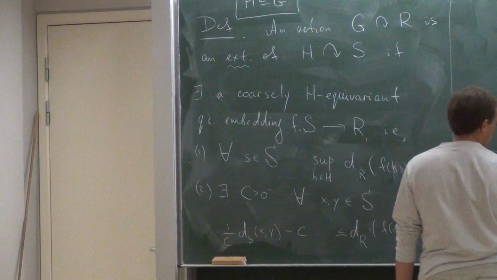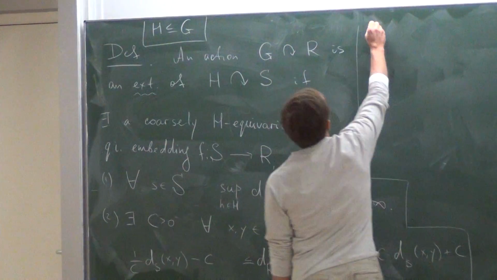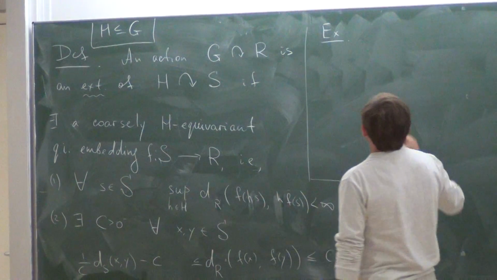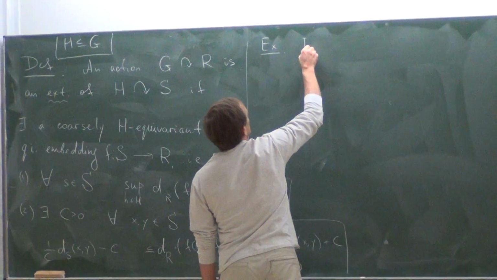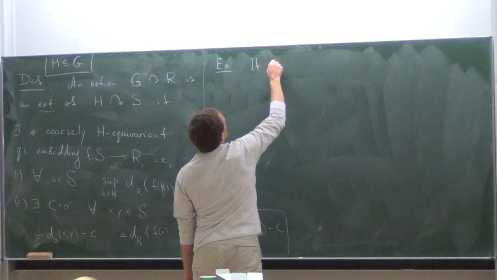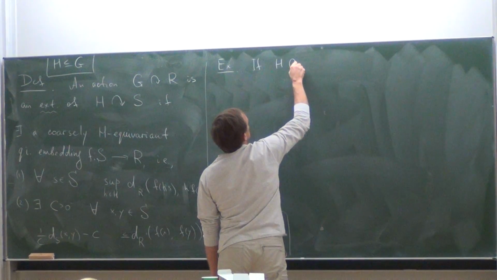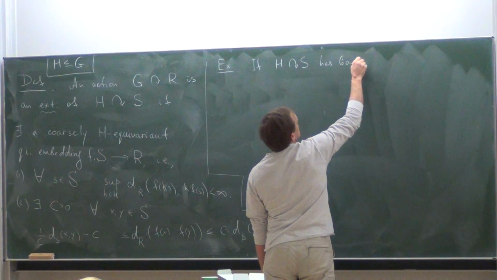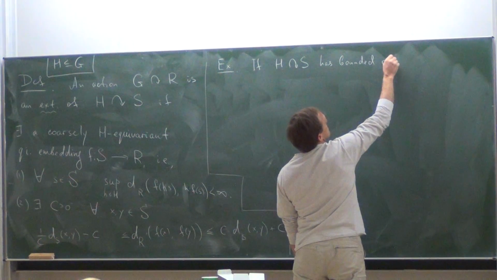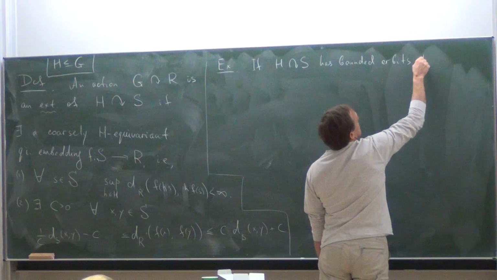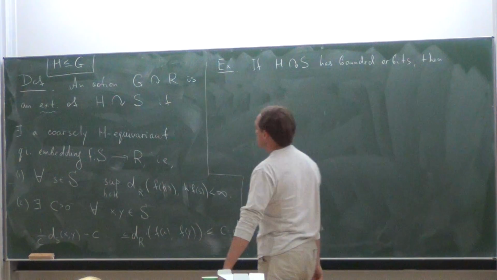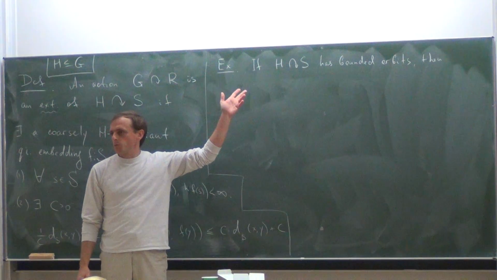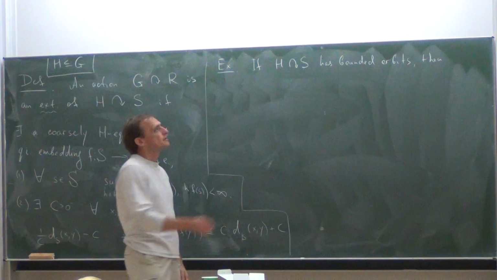So here is an example which clarifies the situation. So if H acting on S has bounded orbits, then, well, from the point of view of geometric group theory, this is a trivial action.